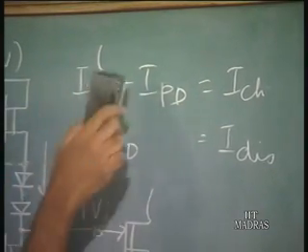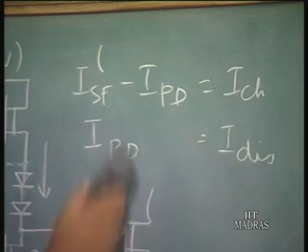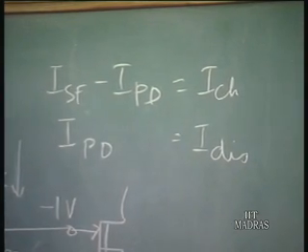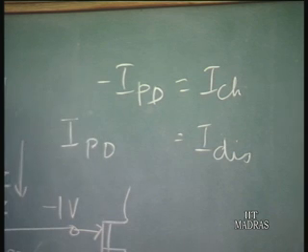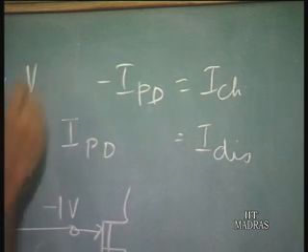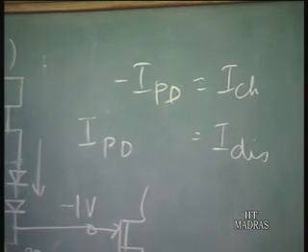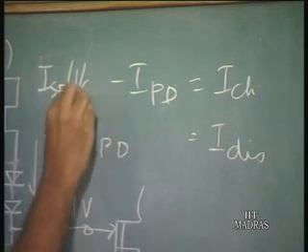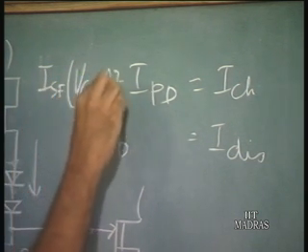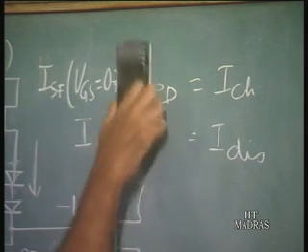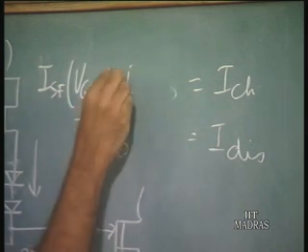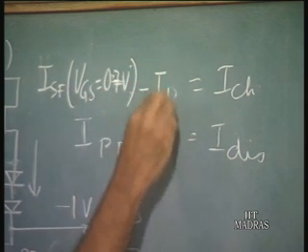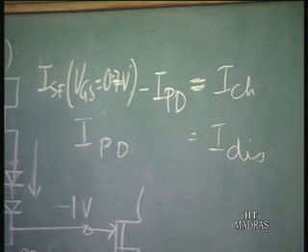In this charging case the source follower VGS is 0.7 volts. So basically I charge will be equal to the source follower ISF at VGS equal to 0.7 volts, because it is going to rise to 0.7 volts, minus IPD, which remains a constant.